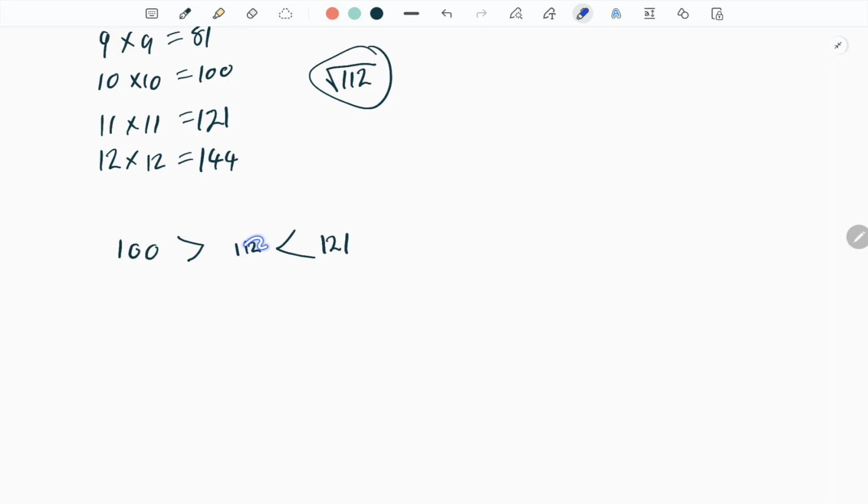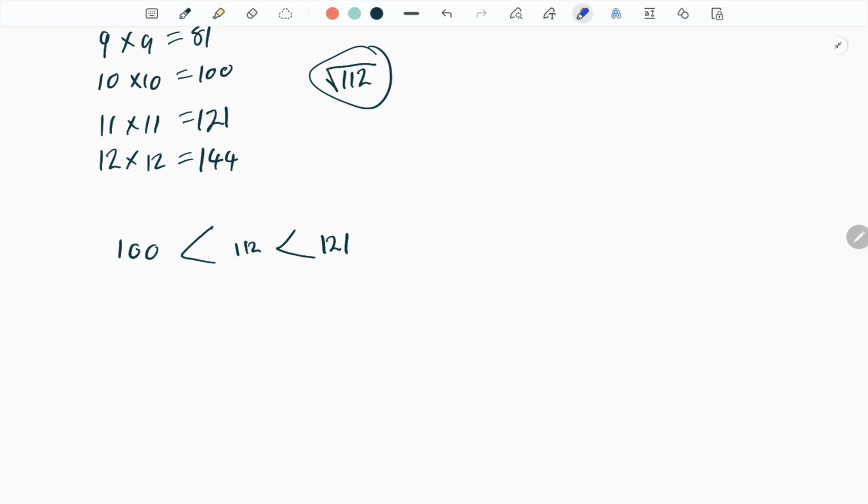The sign tells us: the closed part means less, and the open part means greater. So this 112 is greater because of this open part, and this 100 is less because of this part here. I get a correction: 112 is greater than 100 and less than 121.